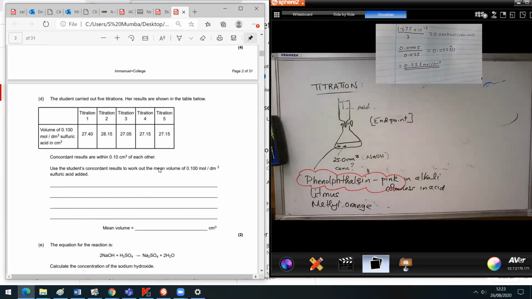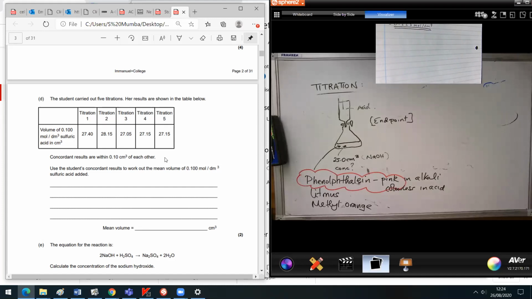So D. Have a go at D. So we need to work out what's in the range of 0.1 cm cubed of each other.